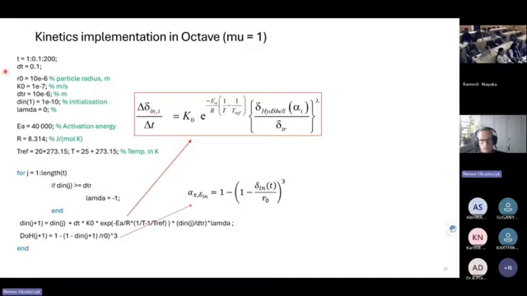Very simple code, you just define some scalars, some parameter values, and just run this simple loop where you implement this integration of this kinetic rate, and then you calculate the degree of reaction, and here you have this switch of lambda, so very simple code. I will show it later in Python also, and show you also how you can use a Python library to do the integration, so you don't have to do your own integration.